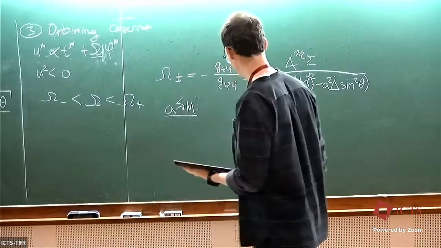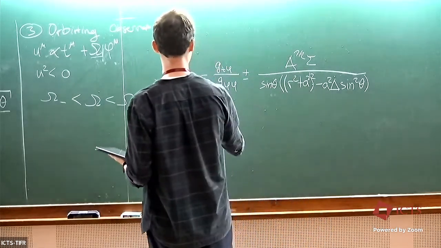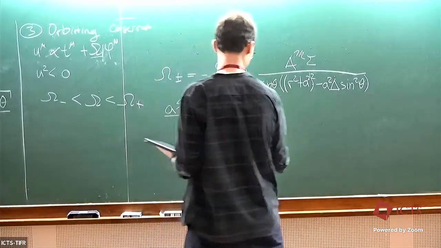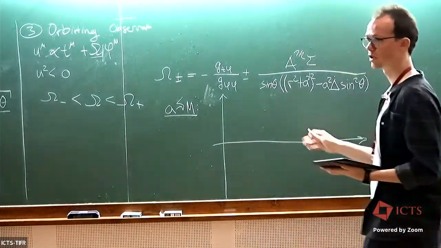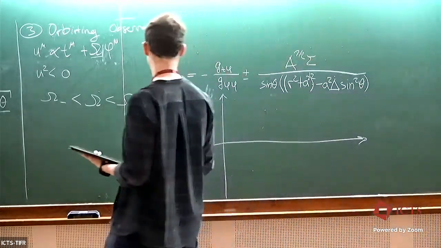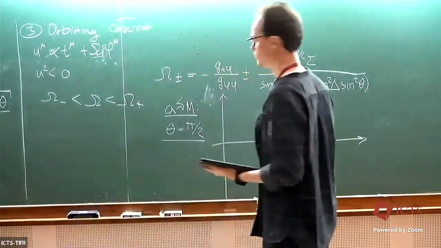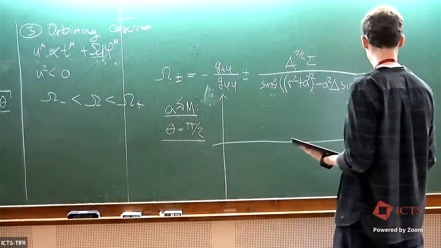So for this case, we plot omega in the equatorial plane. The equatorial plane is defined by theta equals pi over 2, just to get some intuition, as a function of r.